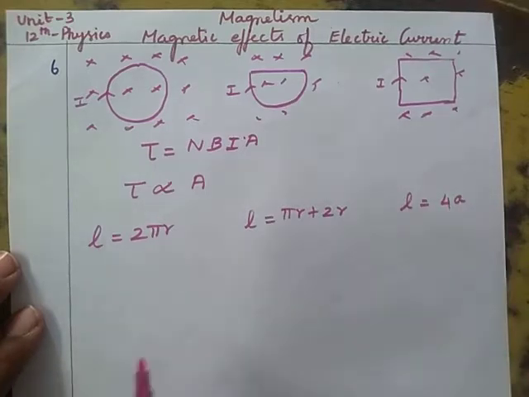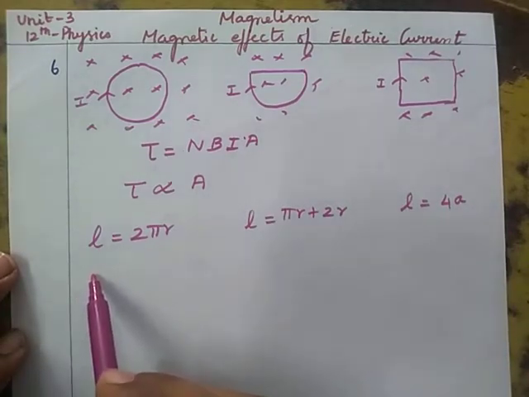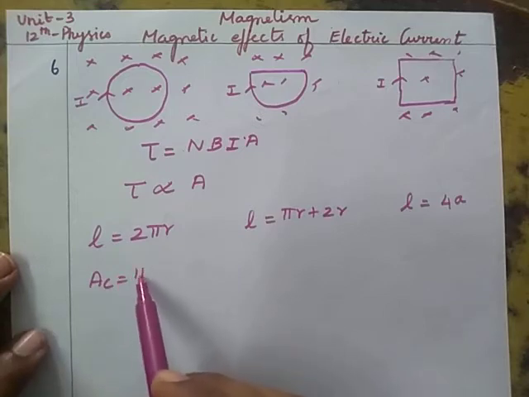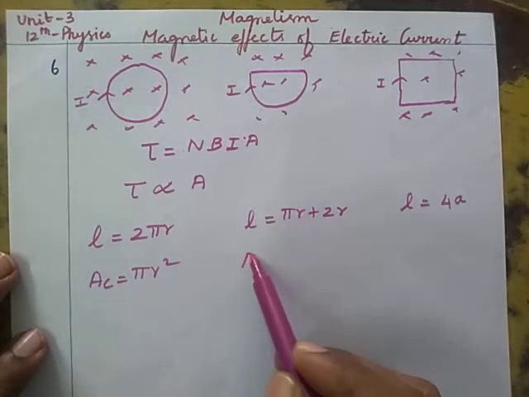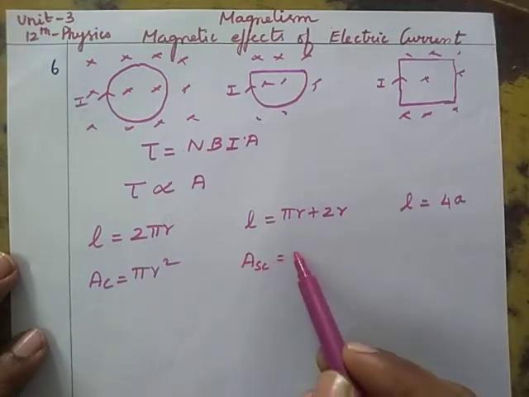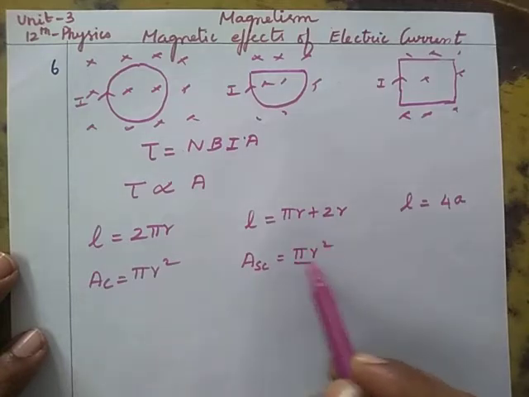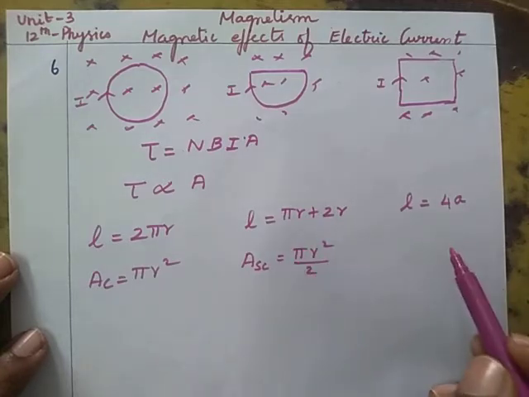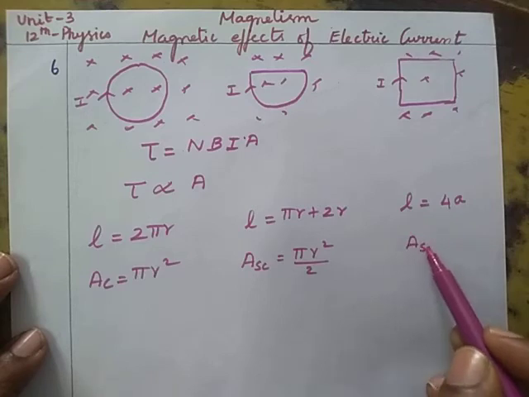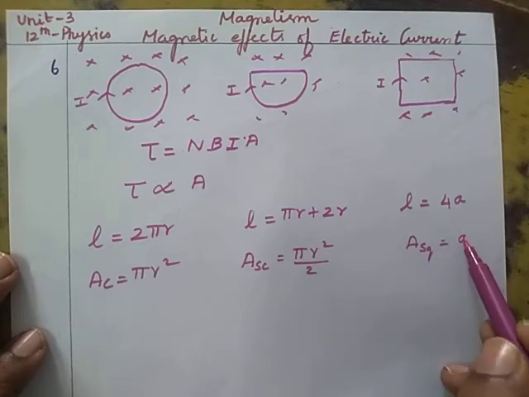Then we know the area of the circle is pi r square, the area of the semicircle is pi r square by 2, and the area of the square is a square.